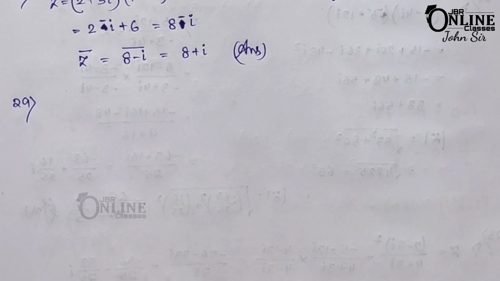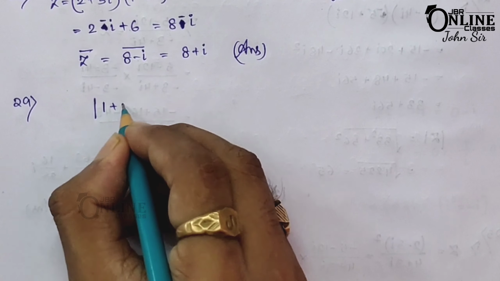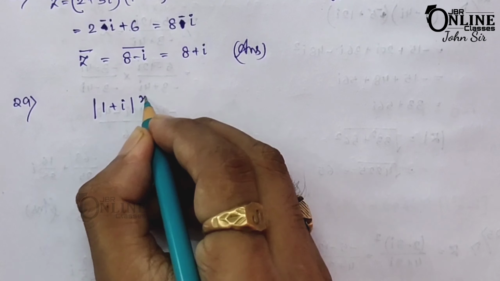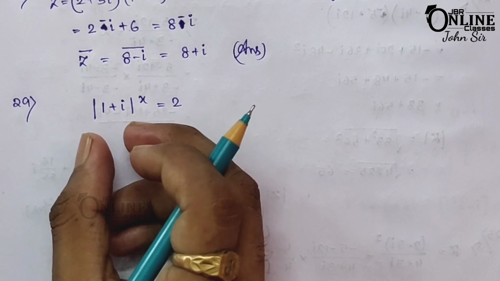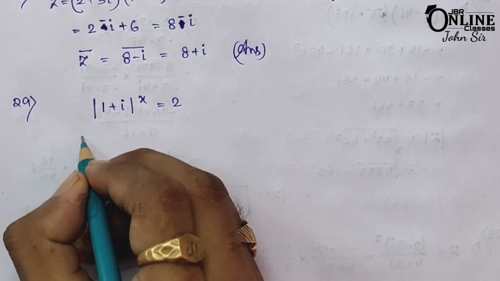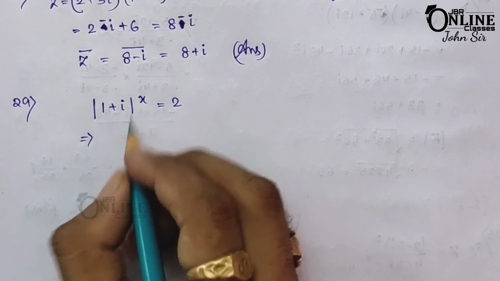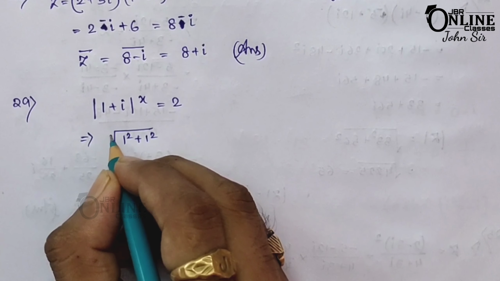Next, sum number 29. Solve for x: the mod of 1 plus iota, to the power x, equals 2. Now you know that the mod of 1 plus iota equals root over 1 square plus again 1 square.